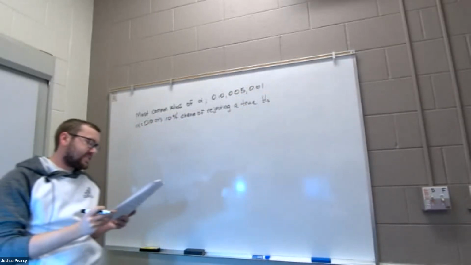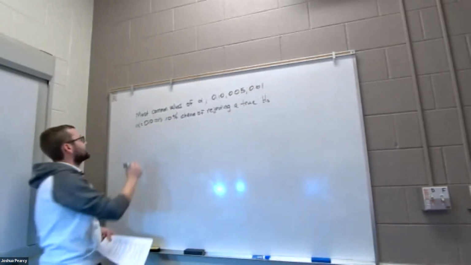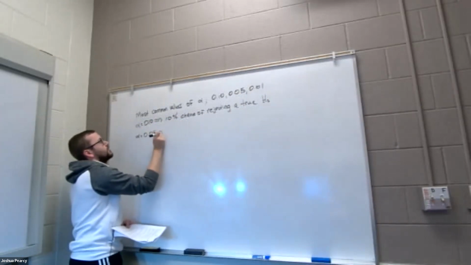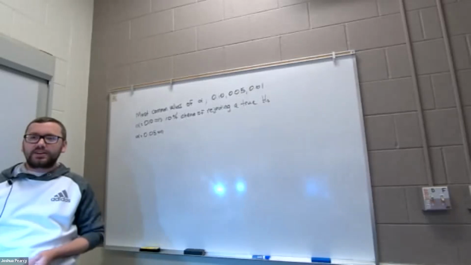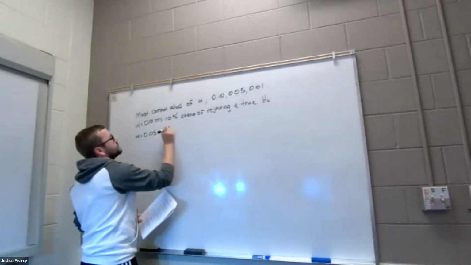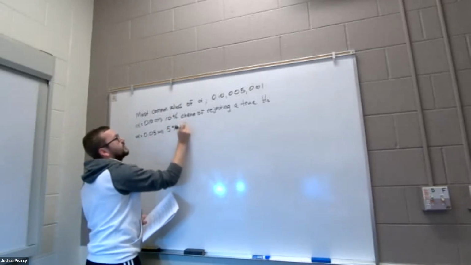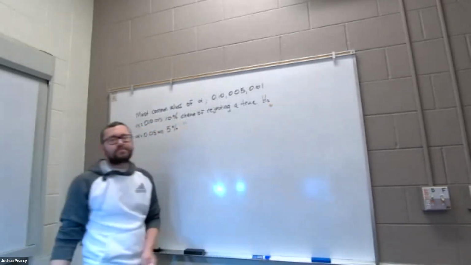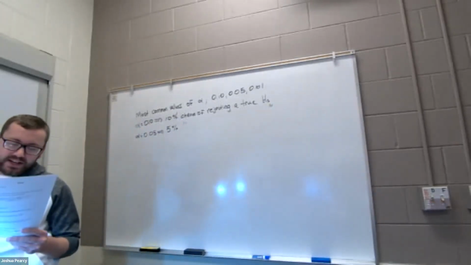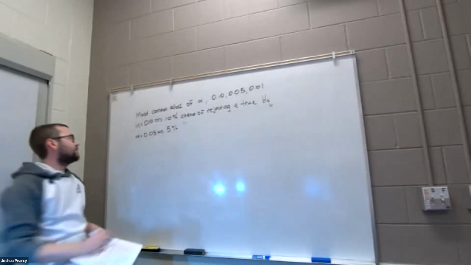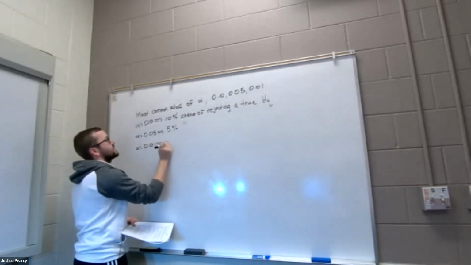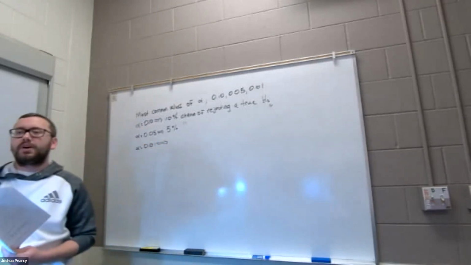Then the next one says when alpha is 0.05, what is the percentage of the chance of rejecting a true null hypothesis? 5%. So I'm not going to write everything else down. We're just going to look at it like that. Same exact thing. Then the last one, when alpha is 0.01, what % chance is there of rejecting a true null hypothesis? 1%.